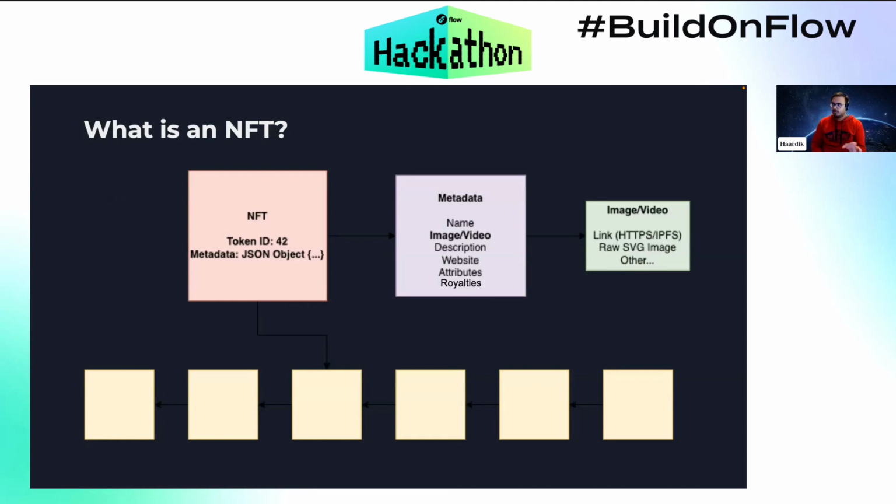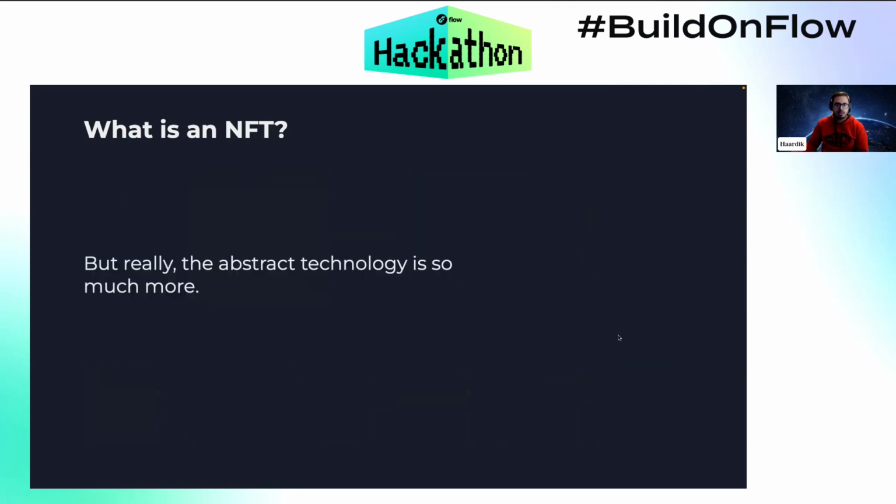And this data is anchored onto a blockchain, the Flow blockchain or the Ethereum blockchain, whatever blockchain, where the NFT then lives, right? But this is the abstract definition of what the data structure is. Really, the overall picture is so much more than all of this.